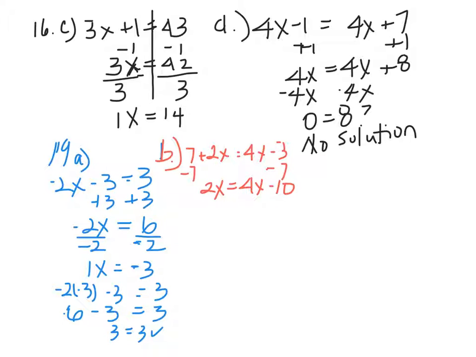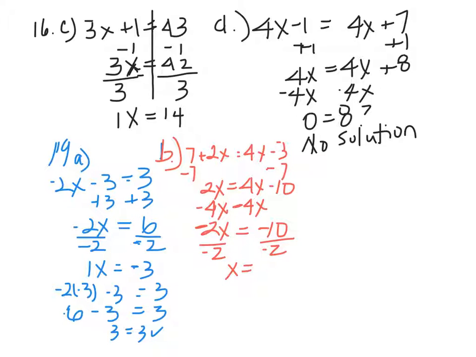Now I'm going to get these letters over here. Opposite of positive 4x is negative 4x. I subtract 4x from each side. 2x minus 4x is negative 2x. And now it equals negative 10. I divide each side by the number in front of x.